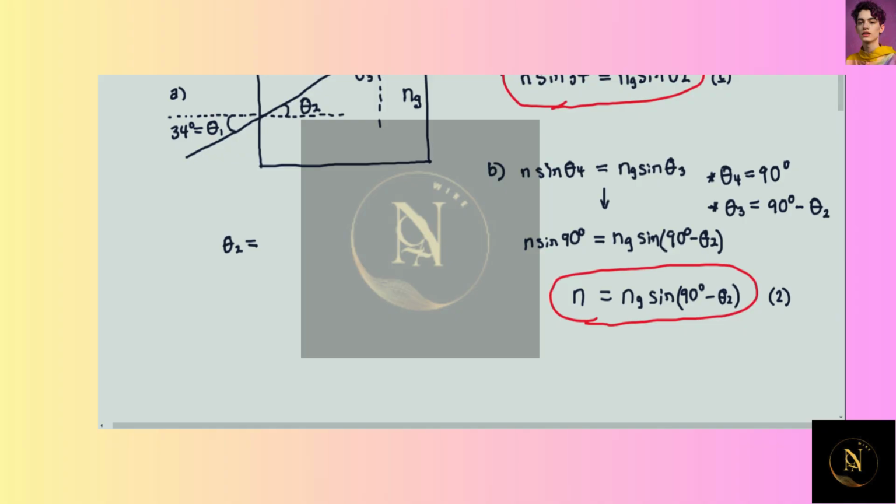So sine of theta 2 is equal to n sine 34 degrees over Ng, so theta 2 is equal to arc sine of n sine 34 degrees over Ng.